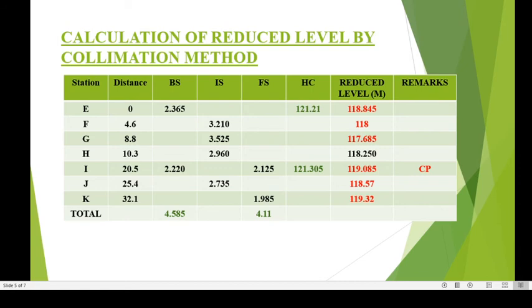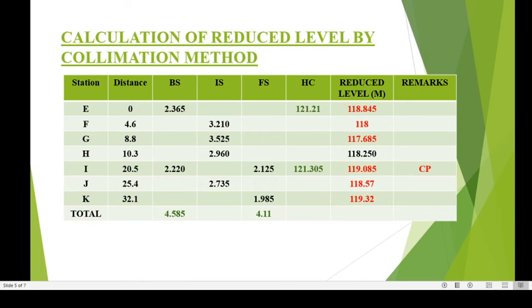For that we will first calculate the reduced level at I, which can be obtained by subtracting 2.125 from the height of collimation at station E, and we will get the value 119.085. Now the reduced level at station I is obtained, which is the change point.